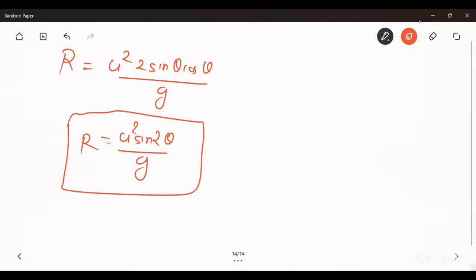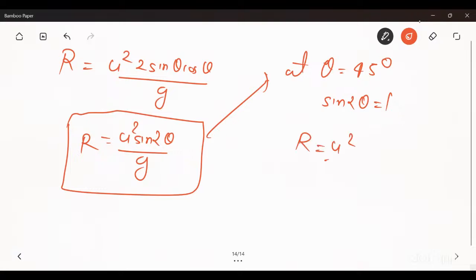At theta equal to 45 degree, sin 2 theta will be maximum, which is equal to 1. So R is equal to u square by g. So that was your horizontal range.